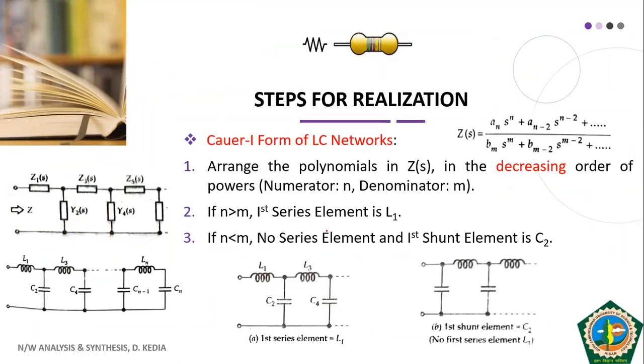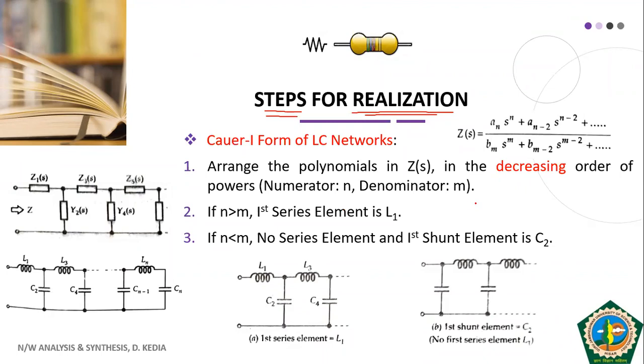Here we discuss the different steps for realization, that in case of the Cauer 1 form of LC network, which steps we have to follow. I have jotted down these steps here, and let me tell you, these steps are given in the book, but not exactly in the same fashion as I have shown you. I have tried to present things in a way that you will be able to understand clearly.